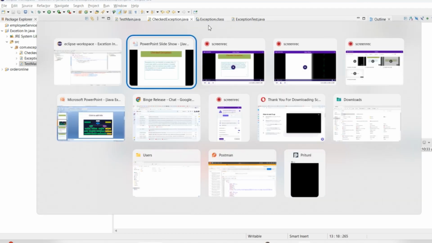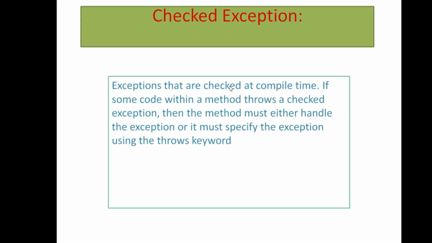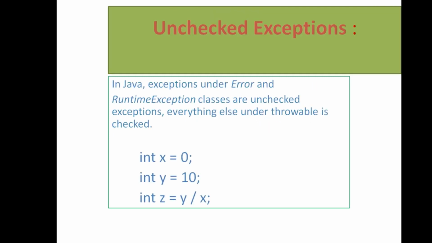In the starting we read about checked exception. If some code within a method throws a checked exception, then the method must either handle the exception or specify the exception using the throws keyword. We already learned what is unchecked exception.